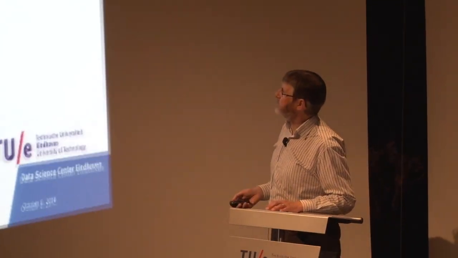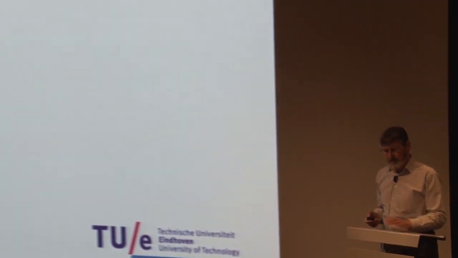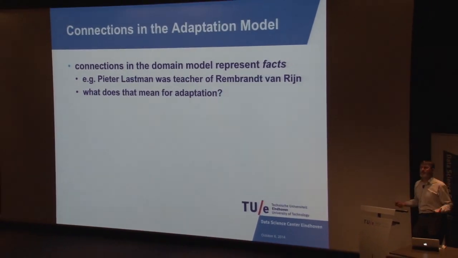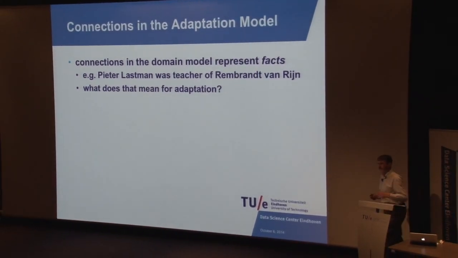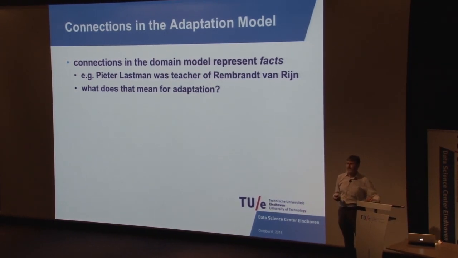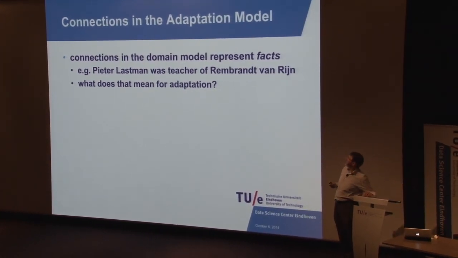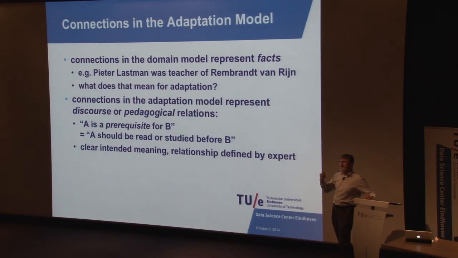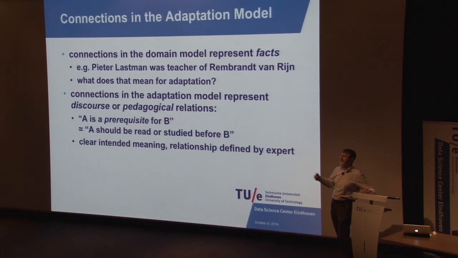Now, this type of connections that exist in the adaptation model can be used for adaptation to infer, for instance, that you probably like paintings by the teachers of the painters of whom you like the paintings. But we can also add connections that are explicitly geared towards the adaptation.